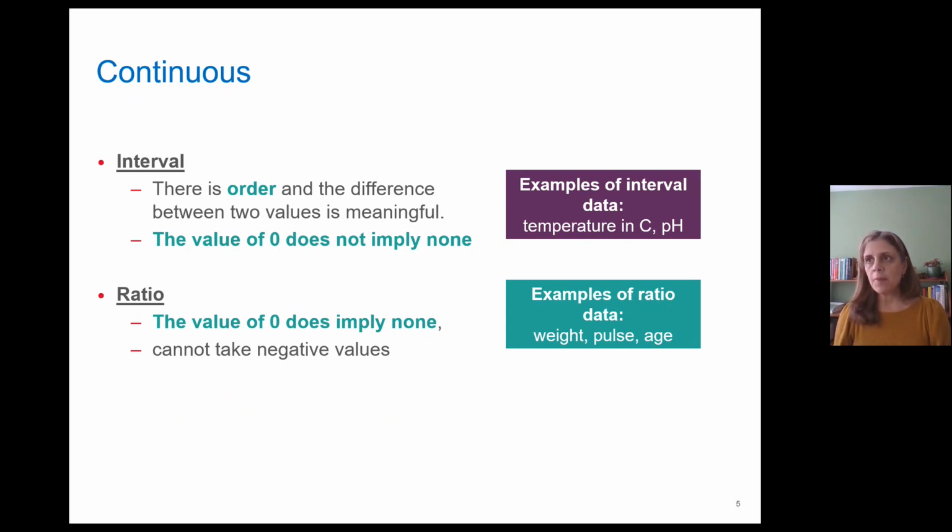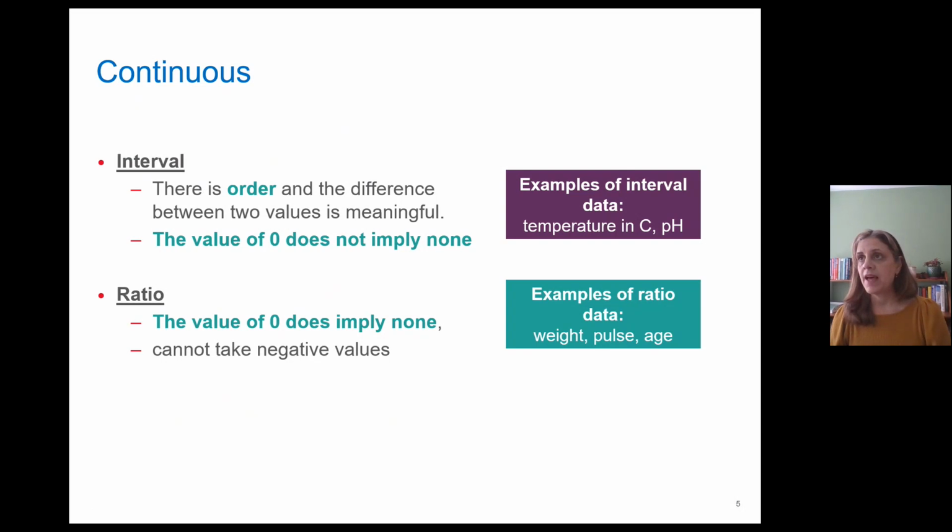And the two common examples of interval data are temperature in degrees centigrade where 0, although it's a very cold temperature, it's not telling you that there isn't a temperature. It's not no temperature, and you can get negative values of temperature on that scale, and the pH as well. The value of 0 doesn't imply none.